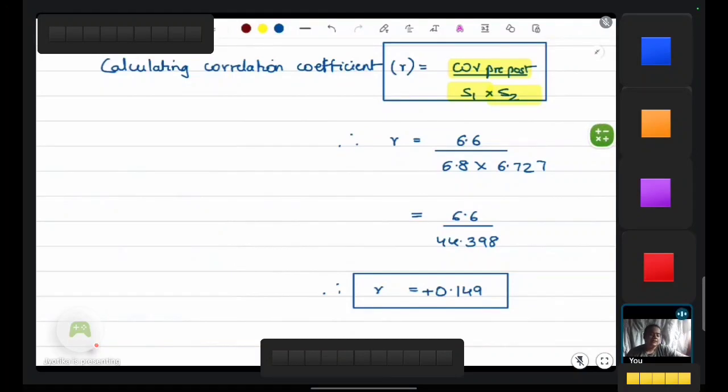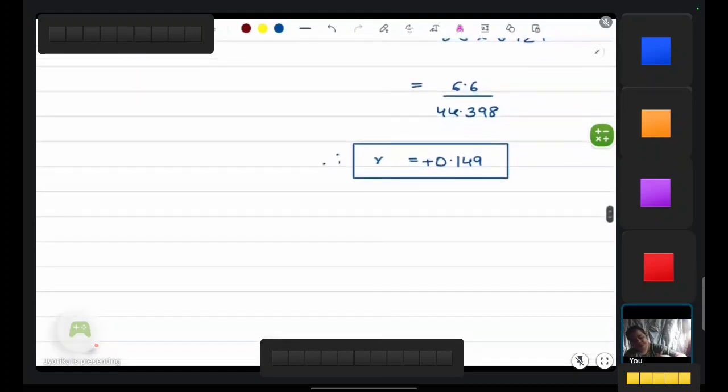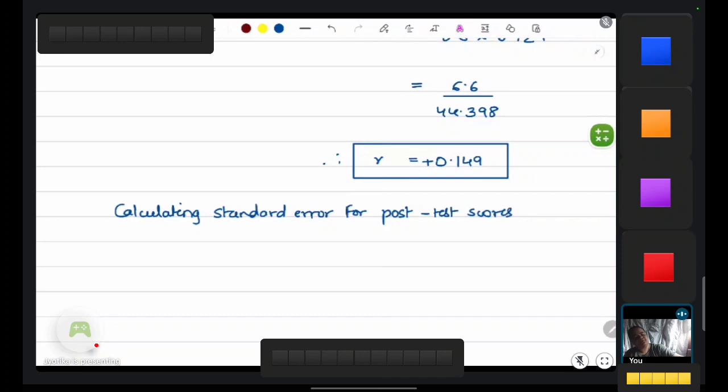Okay, we've done this. Now we need to calculate, as discussed, standard error. So first let's calculate standard error for the post-test, that is for 1. So calculating standard error for post-test scores. Yash, how will we denote that? I forgot to ask you. How will I denote standard error for post-test scores? Where is the X bar?